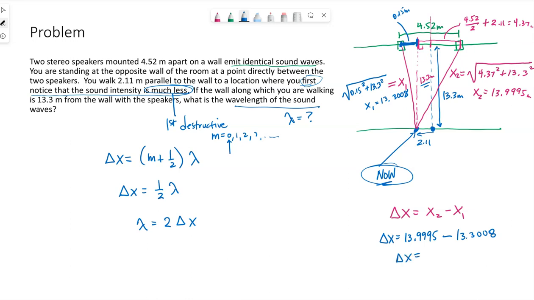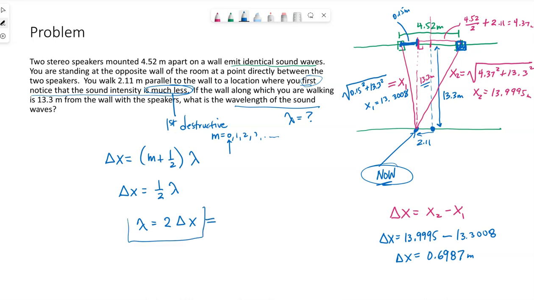Delta x is this difference. And I'm using all the values in my calculator since my calculator is keeping track of all of this for me. So delta x is 0.6987 meters. That's how much farther the sound wave from the right-hand speaker is traveling to get to us compared to the sound wave from the left-hand speaker.